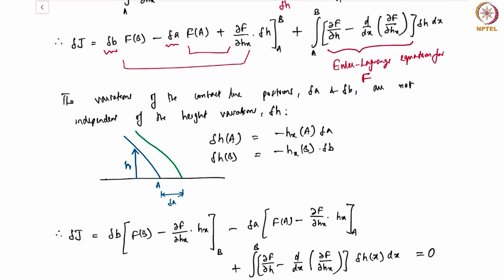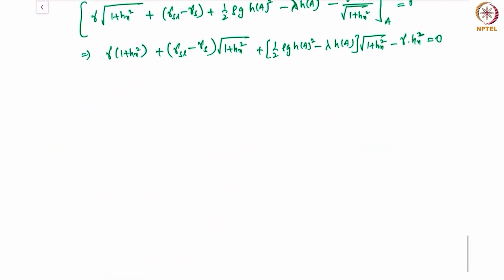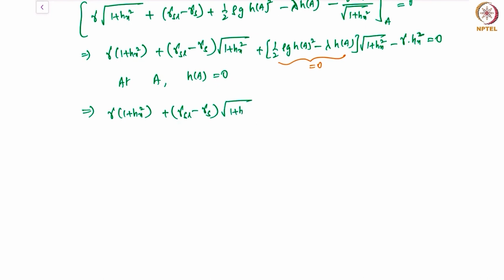As you approach the contact line, the height basically goes to 0, and therefore at a, h of a goes to 0, and this essentially means that these terms go to 0, and I therefore have gamma times square root of 1 plus hx square, plus gamma SL minus gamma S of square root of 1 plus hx square, minus gamma hx square is 0, right?